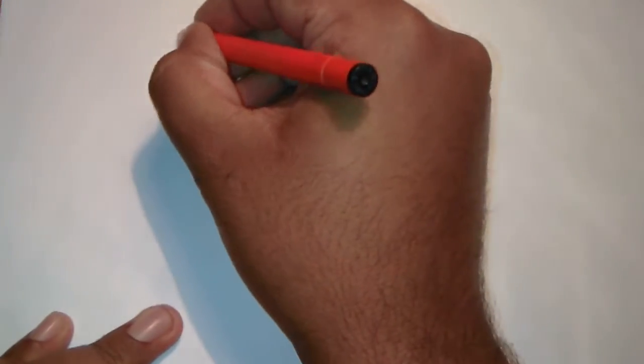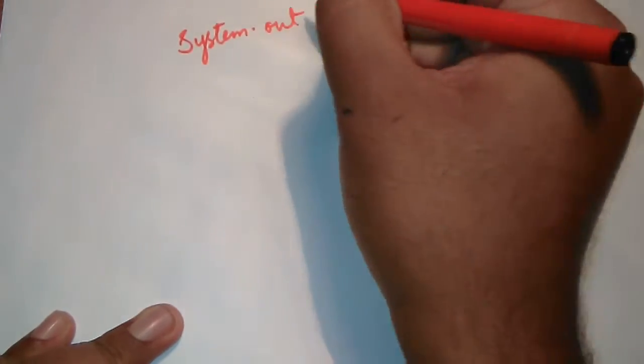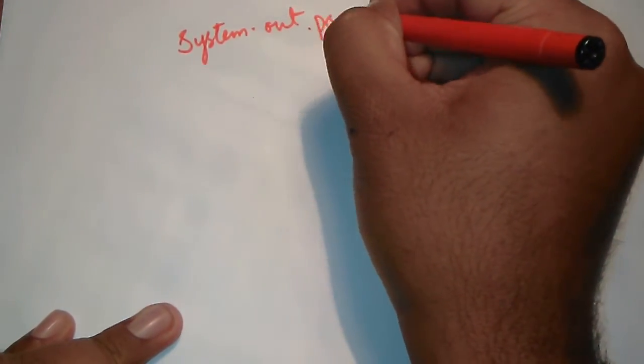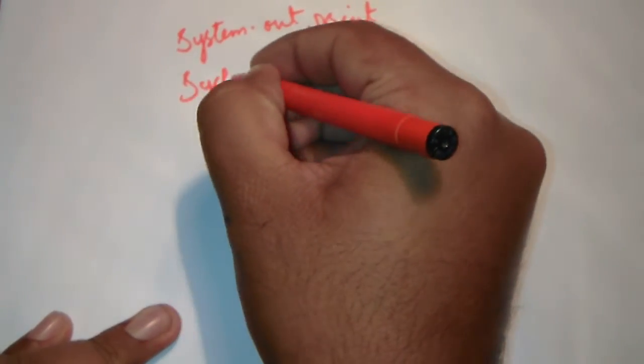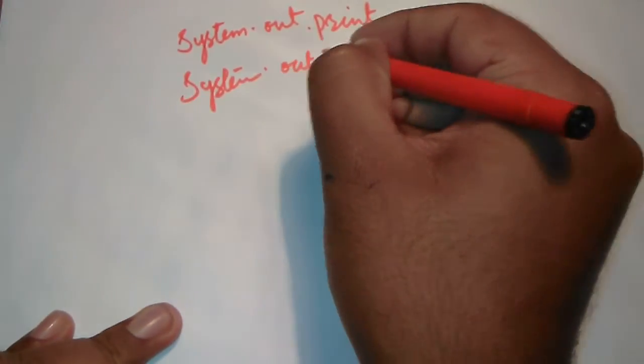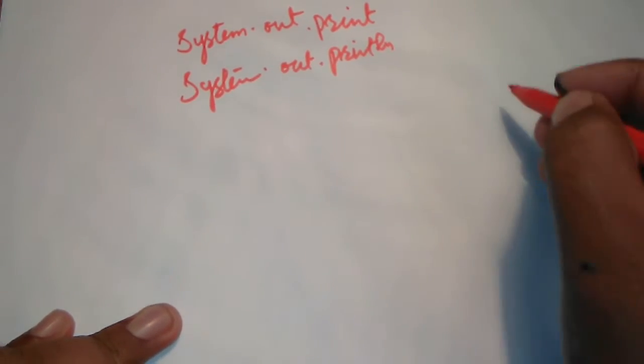Now I am going to discuss two methods here, System.out.print and System.out.println.